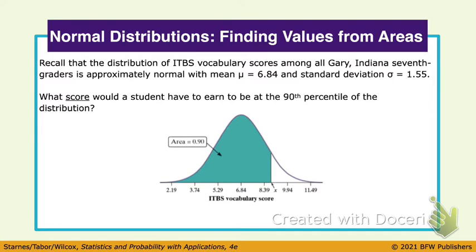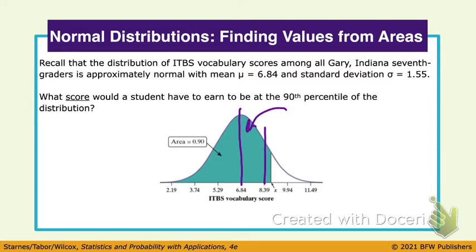Okay, so basically here's what we're asking. With this distribution that we have, knowing that there's 90% of the data shaded below this score, what is the score? Obviously we know we're higher than the 50th percentile, so we know we're higher than the mean. Also, do you guys remember what percent of the data is from the mean to one standard deviation above the mean?